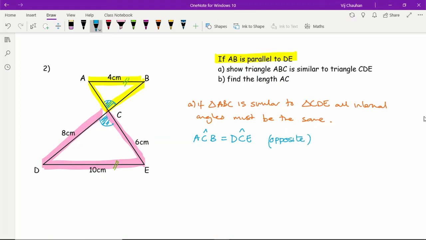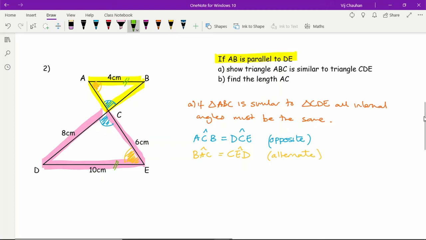Now going to our next angle, let's use orange this time. I know that this angle here is going to be the same as this angle here, so angle BAC is equal to angle CED, and the reason for that is because it's the Z angle, or better known as alternate angles.